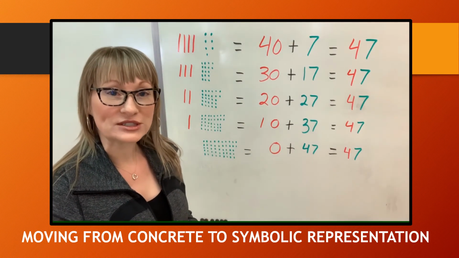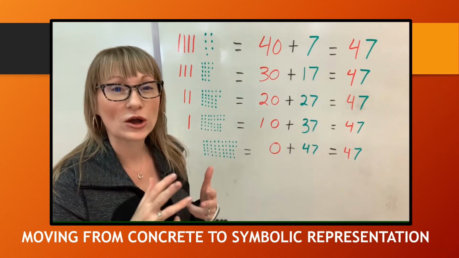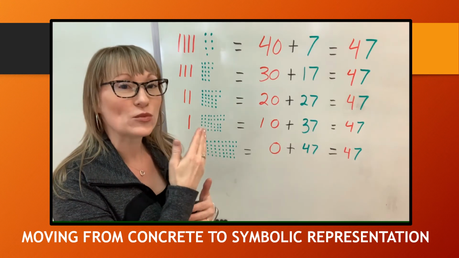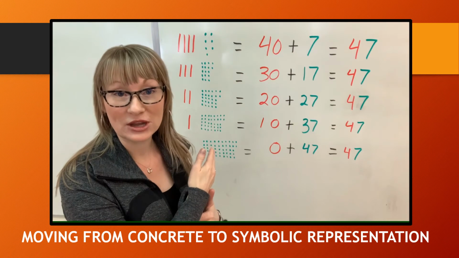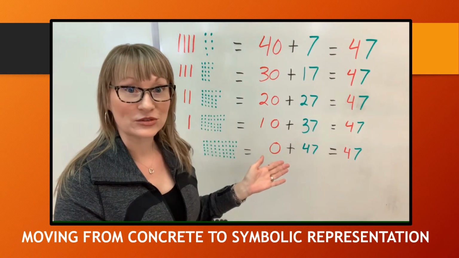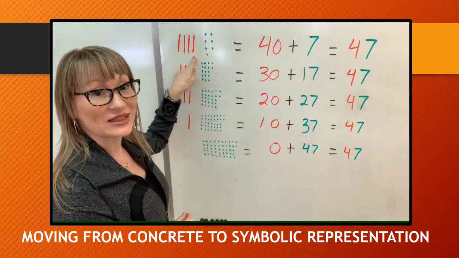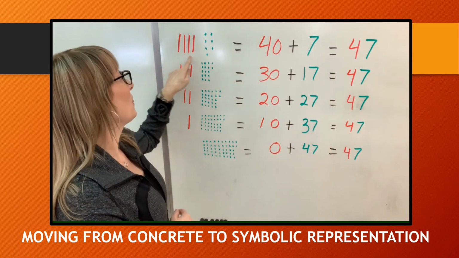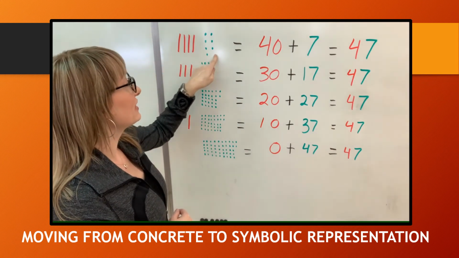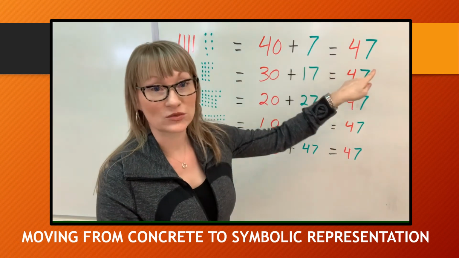Basically what we want to do is move our students from being so reliant on concrete things to more and more symbolic representation of the number. So we're going to look at 47 a number of different ways. So 47 has 4 10s, so we draw lines for 10s and dots for ones. So 4 10s, 7 ones equals 40 plus 7, which equals 47.